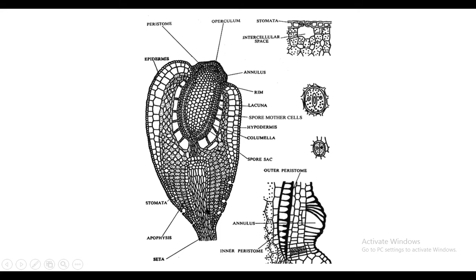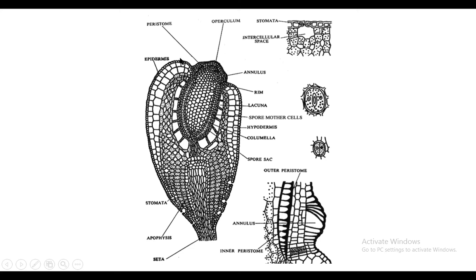We are more concerned with the capsule because it is going to produce spores, and spores for the next generation. This is the apophysis, which is green in color and photosynthetic. They have stomata by which they can capture light and use it for fixation of carbon dioxide.